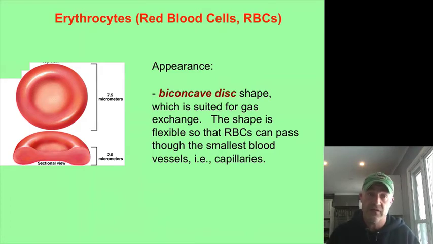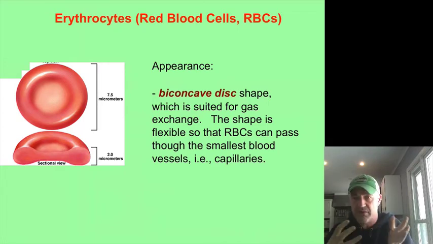The other thing that this shape does is it allows it to be a little bit more flexible. So you're going to see certain capillaries are only about 1 cell width thick. Because of this, if you get a big circle and the hole's a little bit smaller in a circle, there's no way to have that fold up to get through there. It's just going to bulge and block.